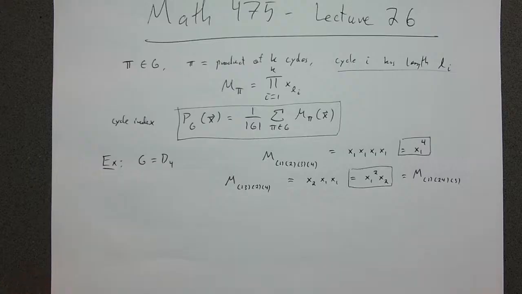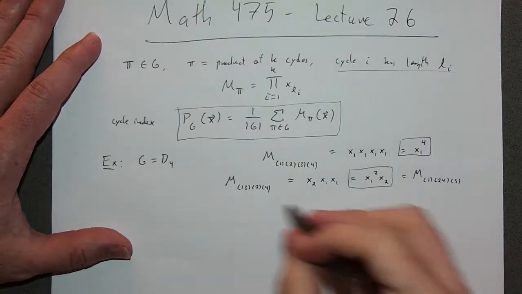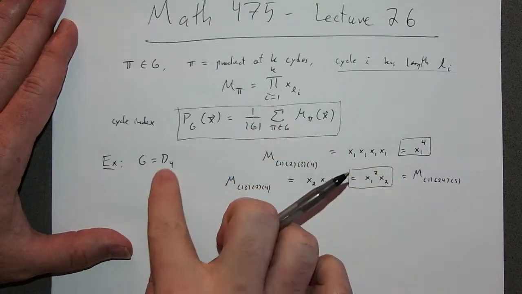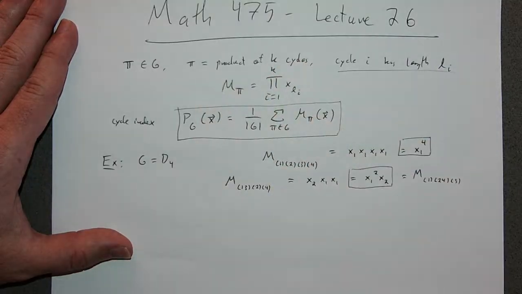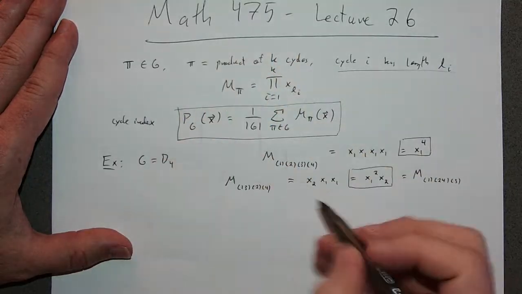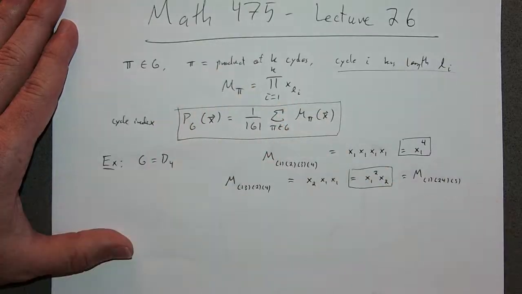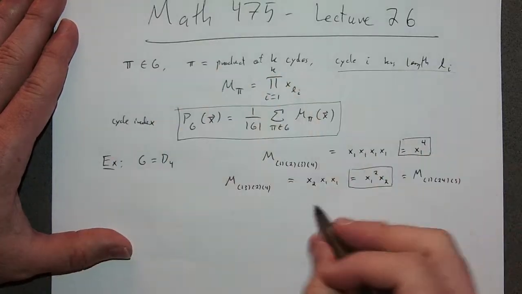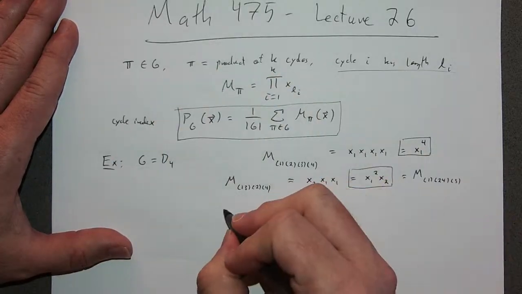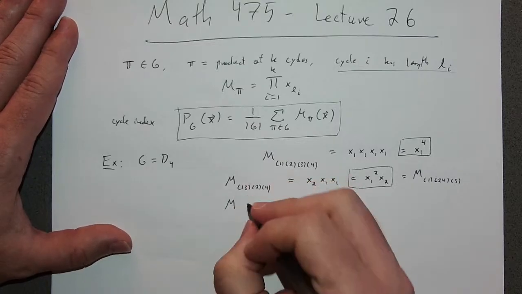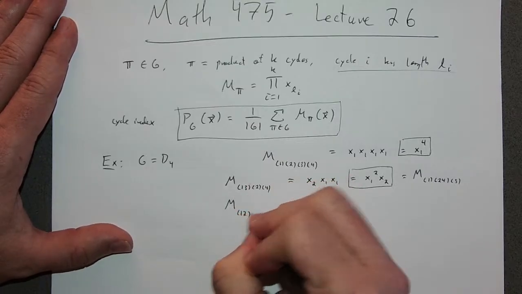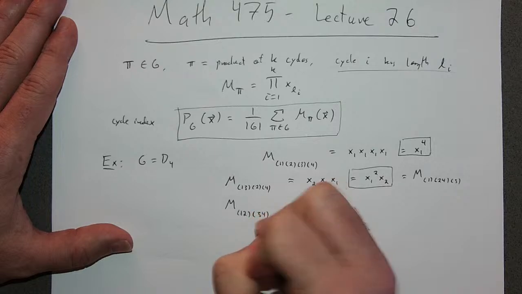What about the products of 2 cycles? We can start to think about organizing the elements of the group by how many cycles show up in a product of these things, or how these things can be decomposed as a product of cycles in the normal way using our standard cycle notation. So we have the product of 2 transpositions.